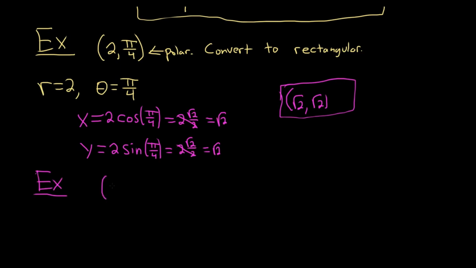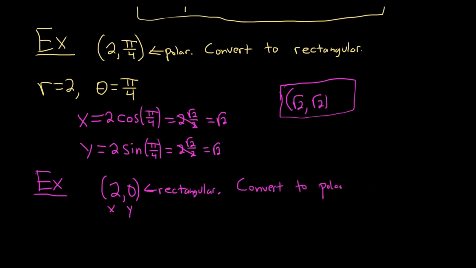How about 2 comma 0. This is our x, and this is our y. So this is rectangular, and we want to convert to polar. I think this might be a decent example.